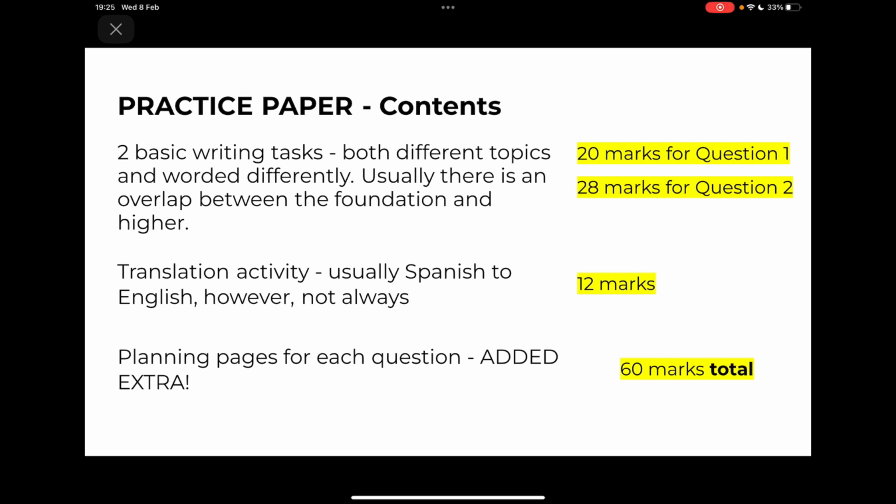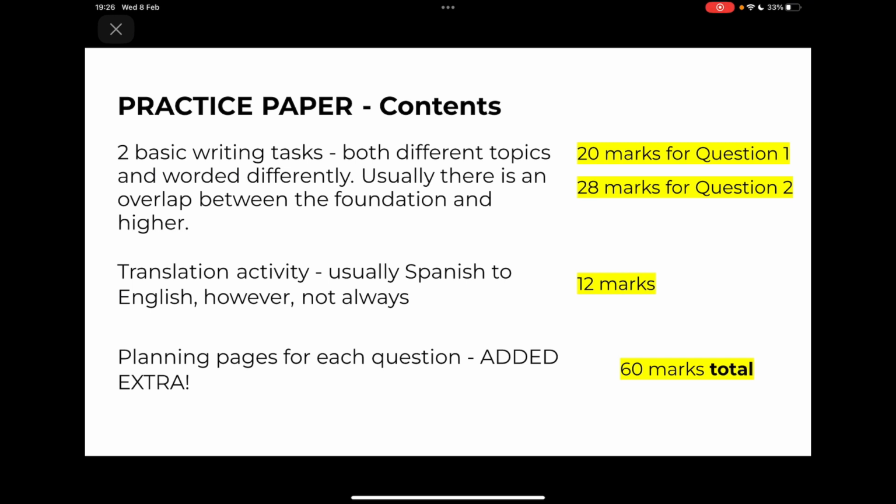Usually you get an option of two choices to talk about, and you're always given a scenario. So we're going to talk a little bit about what the scenario could look like when we get to the question. Then you have your translation activity. This is usually from Spanish into English, but that's not always the case. And going back to that first point a little bit, the papers that I designed for these are meant to be for foundation and higher tier.